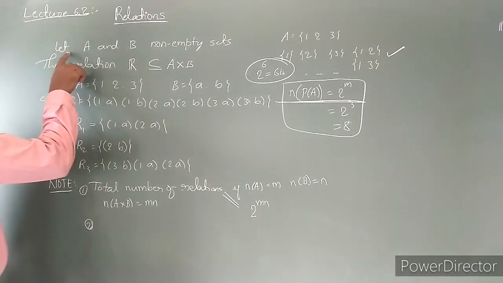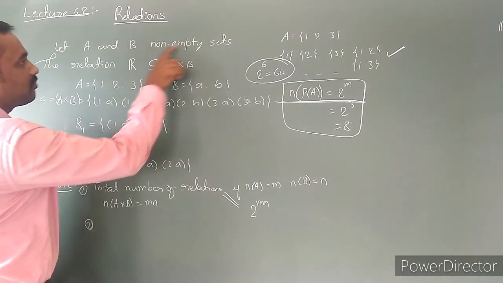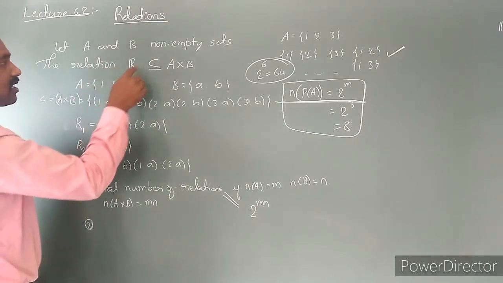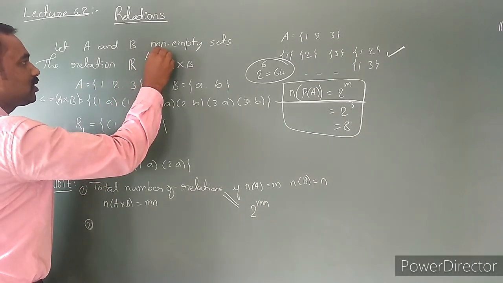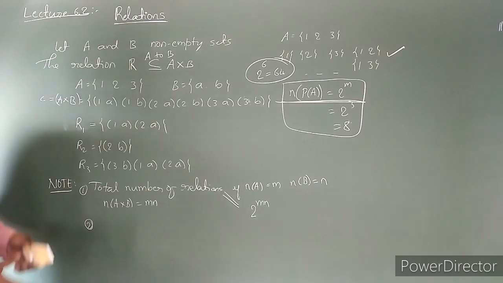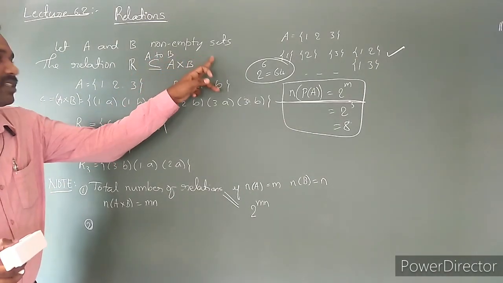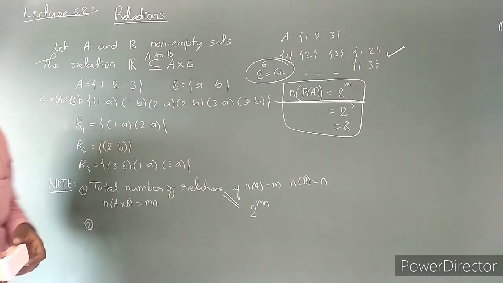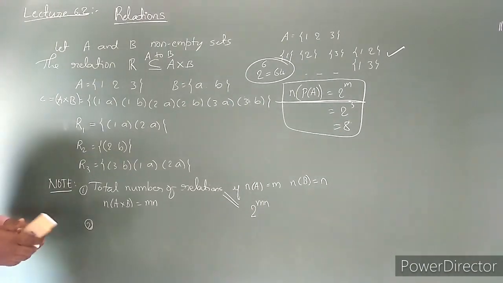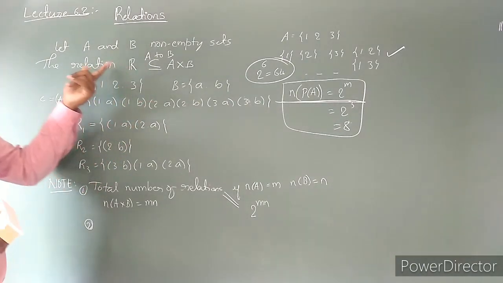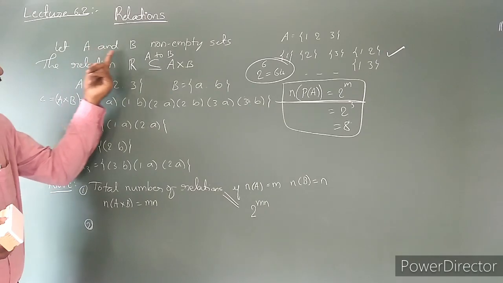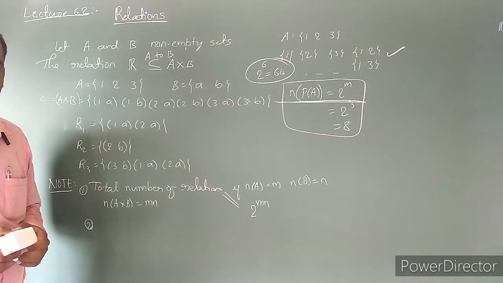Suppose A and B are two non-empty sets, then the relation R is from set A to set B. Here particularly you can write from set A to set B is a subset of the Cartesian product. As well as we just mentioned the definition. What is the proper definition? Let A and B be two non-empty sets.